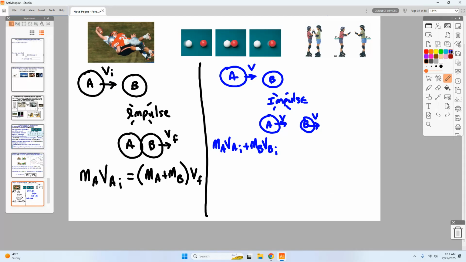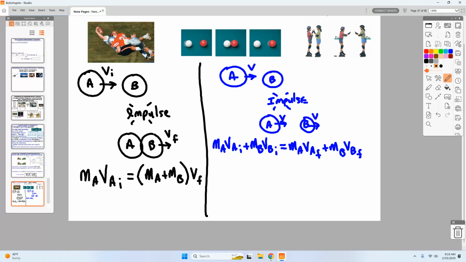After the collision, because the objects could be moving separately, each object could have its own momentum afterwards, so I just have to take their masses and multiply them by their respective velocities. That could be the set of equations that we would use for describing a hit and rebound, where objects hit and bounce off each other.